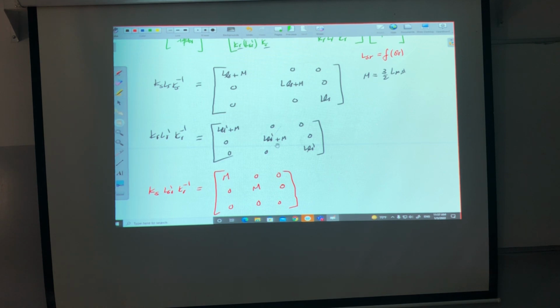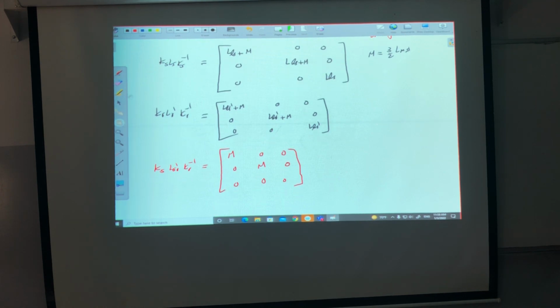Now this is very fruitful, by the way. Why? Because although LSR was a function of theta r, now the transformation KS LSR KR inverse is constant. And this is very fruitful. Now the system can be described in ordinary differential equation.